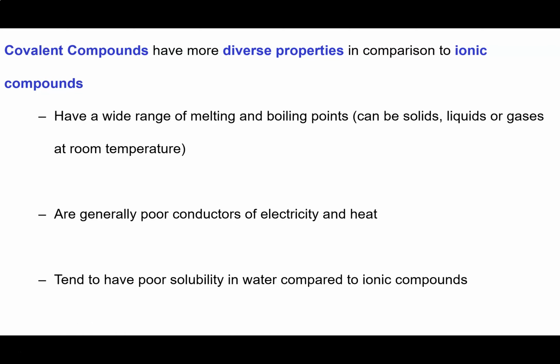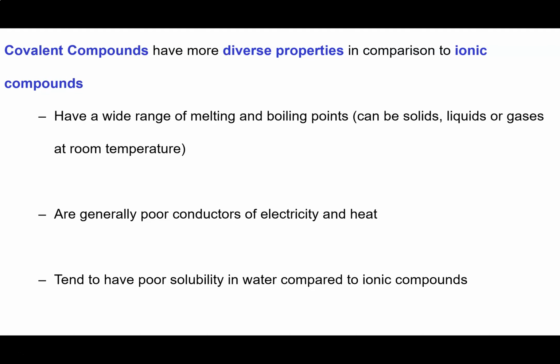So our last section is we have to talk about the differences between covalent compounds in comparison to ionic compounds. So covalent compounds have a really wide range of melting points. They can be either solids, liquids, or gases. So water is a liquid at room temperature, and then something like iodine is a solid at room temperature, and then something like carbon dioxide is a gas at room temperature.